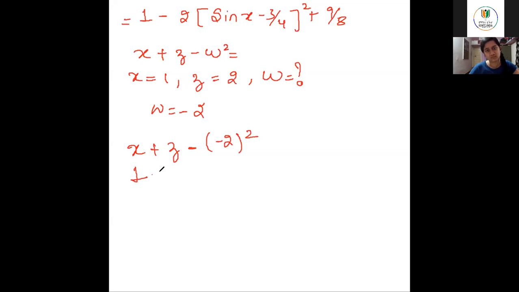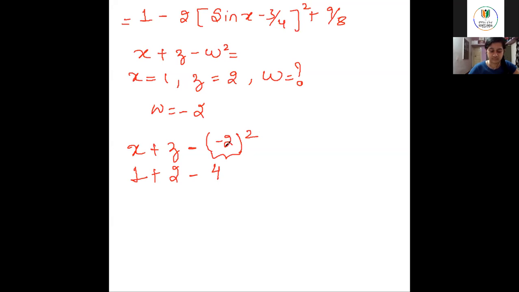So 1 plus 2 minus 4, right? I added everything. Yeah, I know it. So that's why I'm explaining it like this to you. Anybody who has a doubt here can now understand that if you take a negative value for w, it does not make sense.